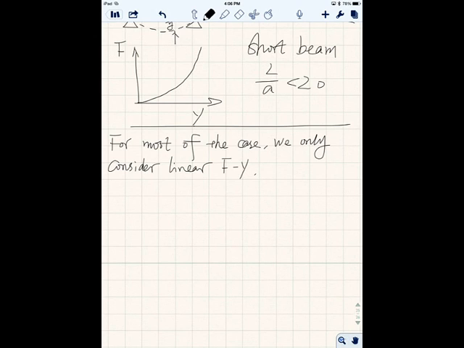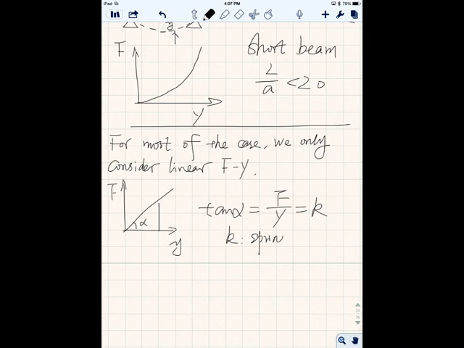Because they are linear, one of the quantities we're interested in is this tangent alpha, which equals F divided by Y, right? Because they're linear, this slope is constant across the entire loading conditions. Then when it's constant, tangent alpha is also a constant value. We give it a name, K, and the K we all know is called the spring constant.